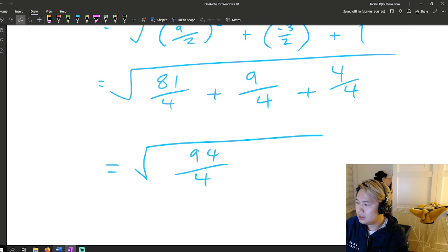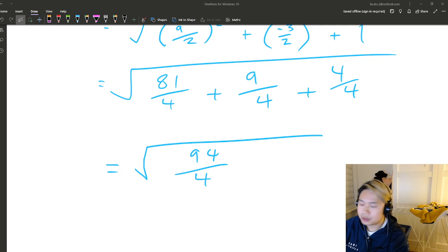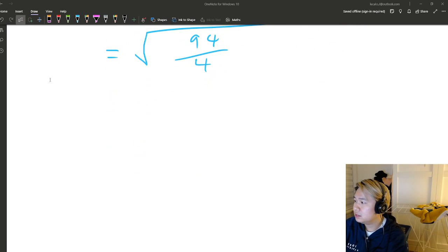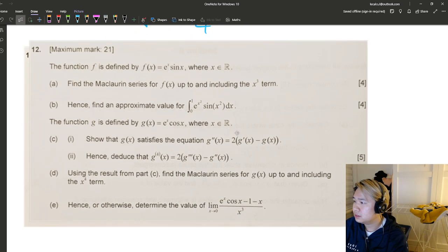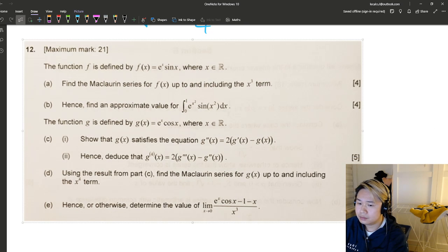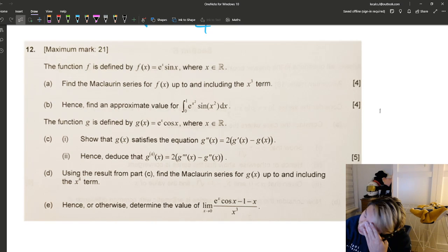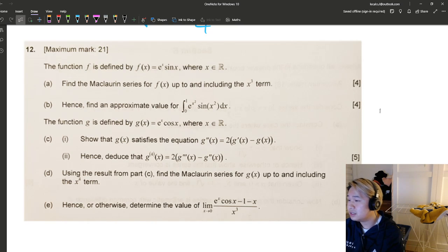Okay. And then I think there's only one more question. Okay, boy, Maclaurin series. Those aren't that bad. Find the Maclaurin series for e to the x times sine of x up to and including the x cubed term.